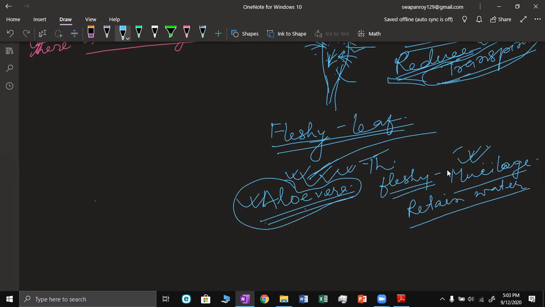So due to the presence of mucilage, these fleshy leaves of aloe vera and similar plants can retain a lot of water, which helps in water storage. Fleshy leaves are also found in onion.